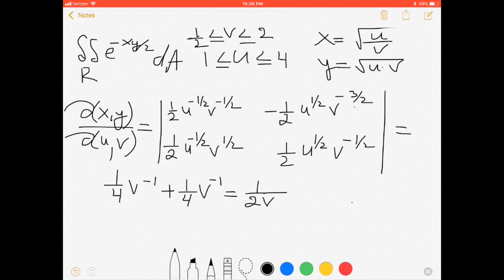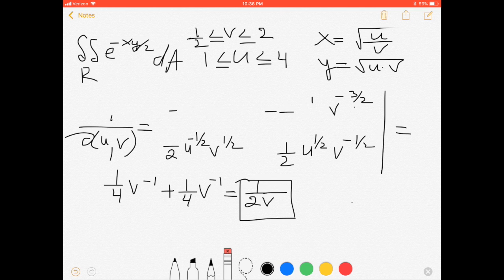Great. Now finally we're ready to write our integral. I saved my Jacobian, it's 1 over 2v.